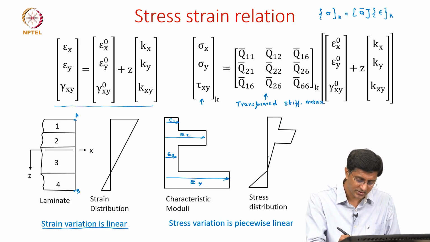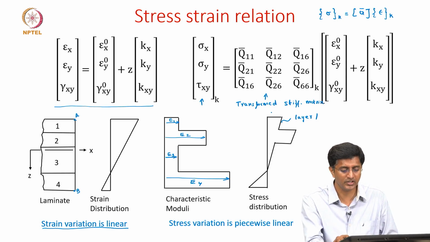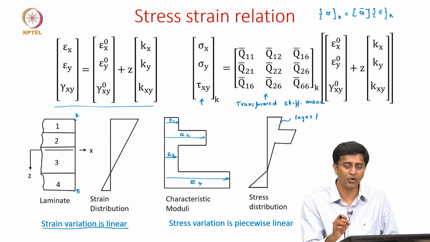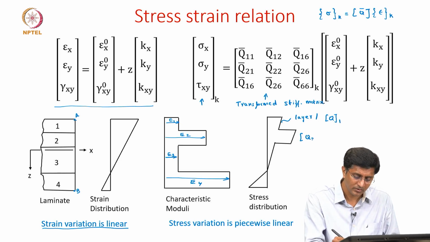So this is the stress distribution in layer 1. So in layer 1 we still have a linear relation because all these relations we have written are linear. But the point is this relation is only applicable for layer 1. You cannot apply it for layer 2 because here we are writing it in terms of, let's say, Q1 times strain, but here Q2 times strain.